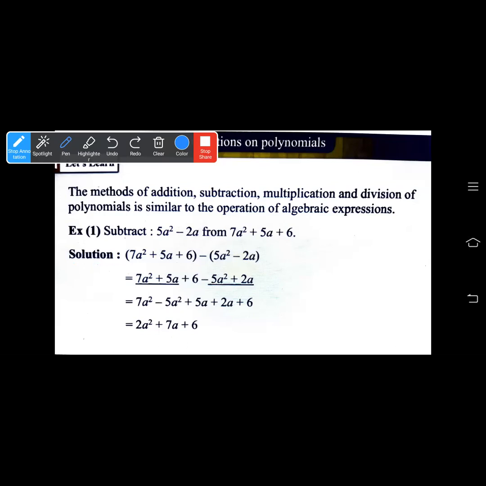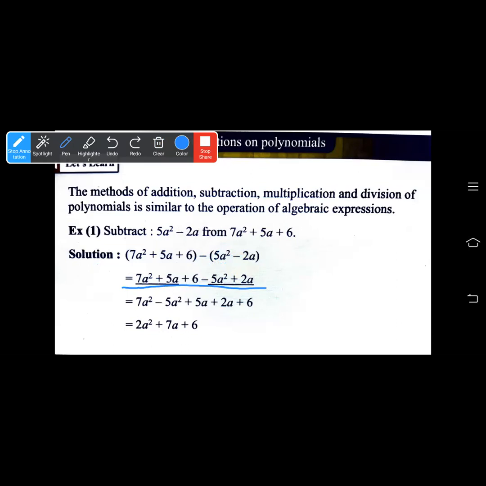That means my plus 5a square will become minus 5a square, and minus 2a will become plus 2a. So here you have the expression 7a square plus 5a plus 6 minus 5a square plus 2a.